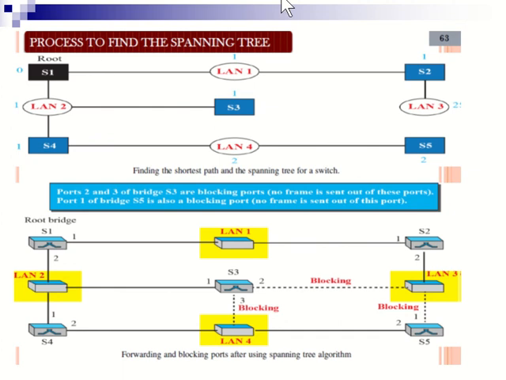So this is the final solution, where we can see from S1 to LAN 1, S2 to LAN 3. We don't have a link between LAN 3 and switch 3, because this is going to give me the same cost. Either I can come by this path or this path. So we have chosen only this particular path till LAN 3. Similarly, from here to here, this is the one path.